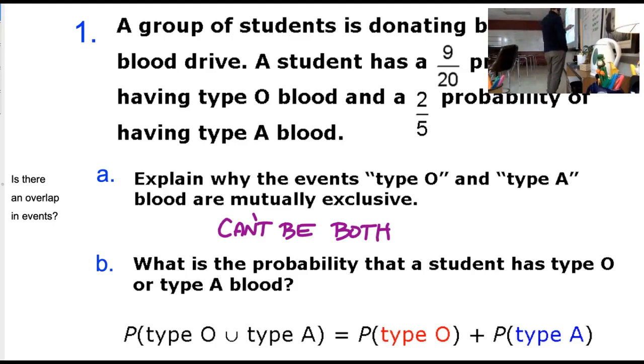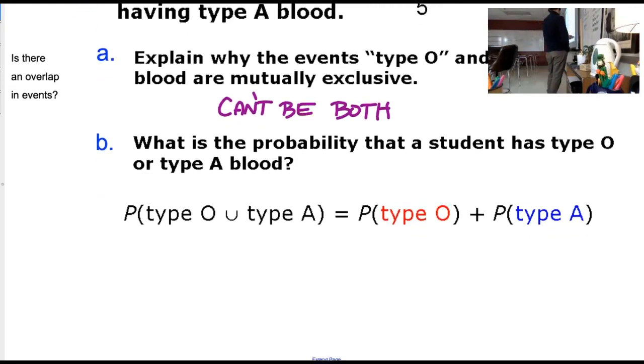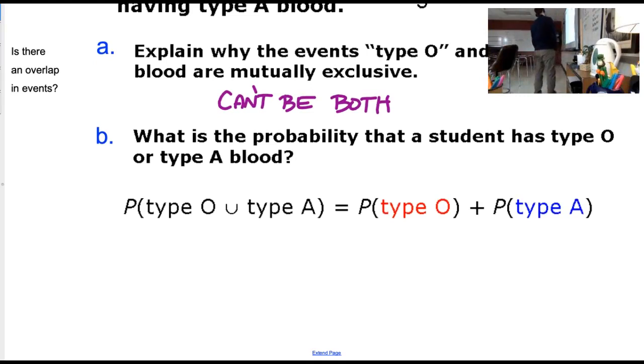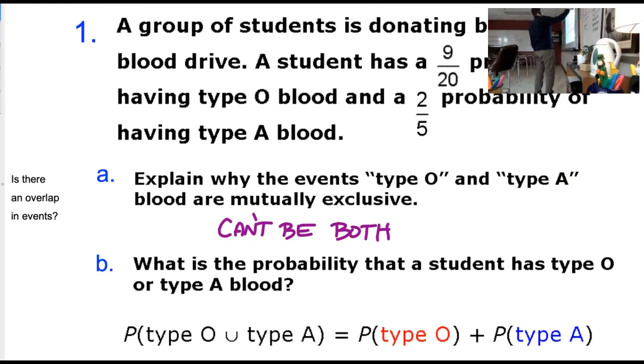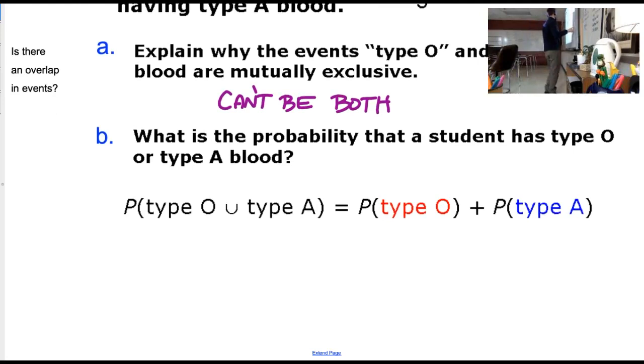So the probability that a student has type O or type A would be just the sum of those two individually. Type O was 9/20 and type A was 2/5. So 9/20 plus 2/5. How do you add fractions?